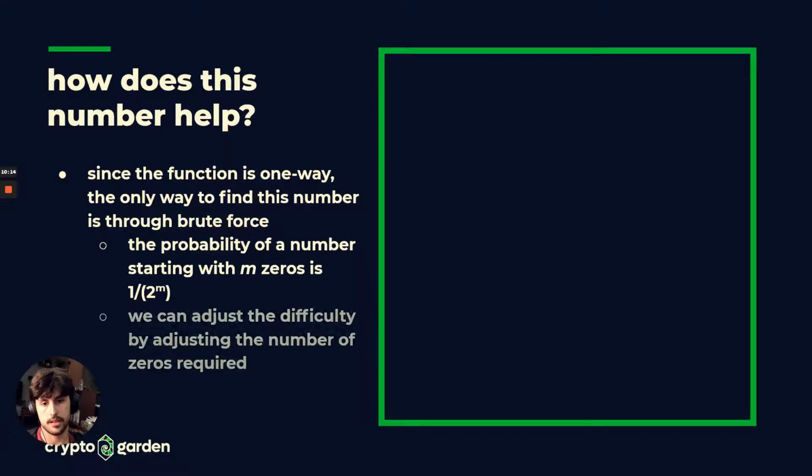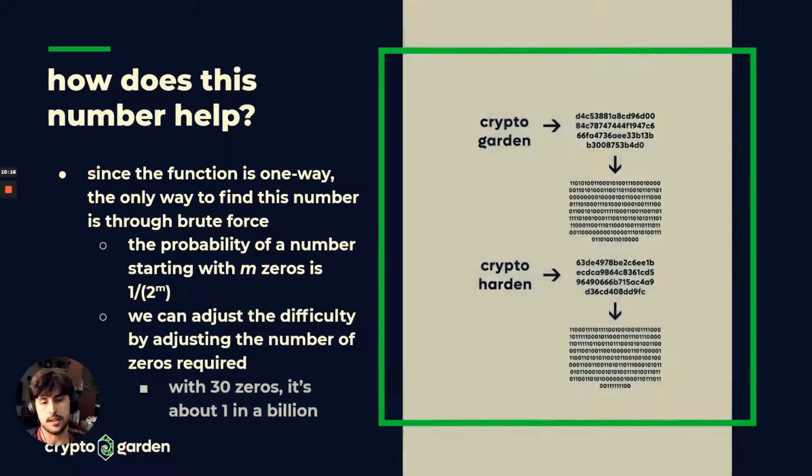So, for example, if we try 30 zeros, it's a chance of about 1 in a billion. If we try 40 zeros, it's about 1 in a trillion, right? We can then adjust the difficulty of finding this number by adjusting the number of zeros we have in our target. Okay.